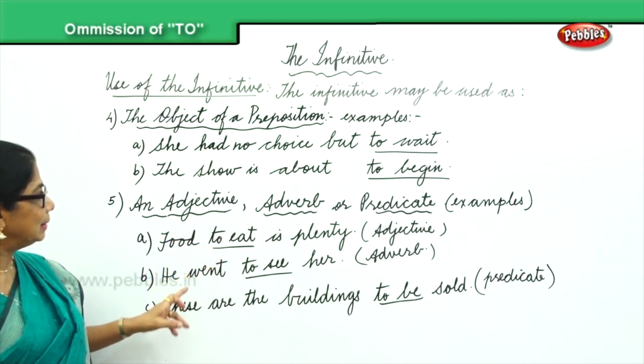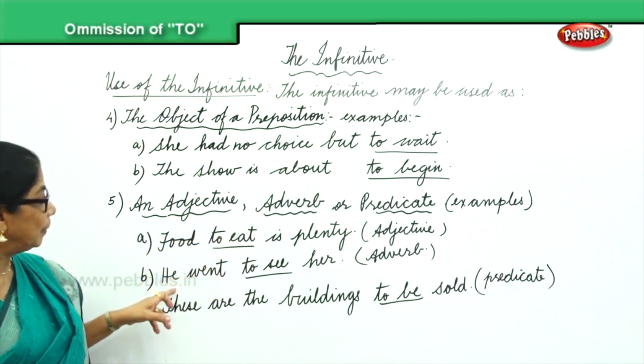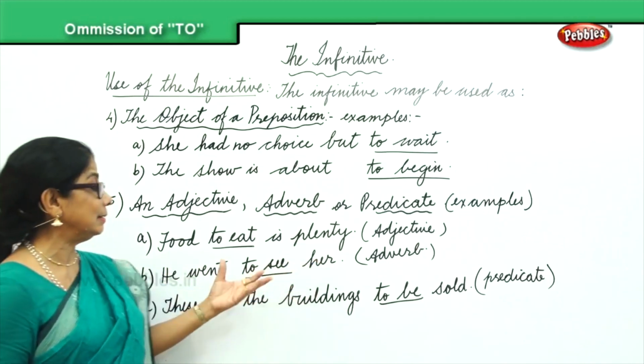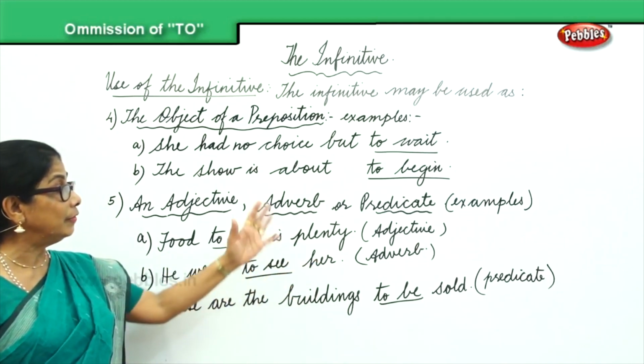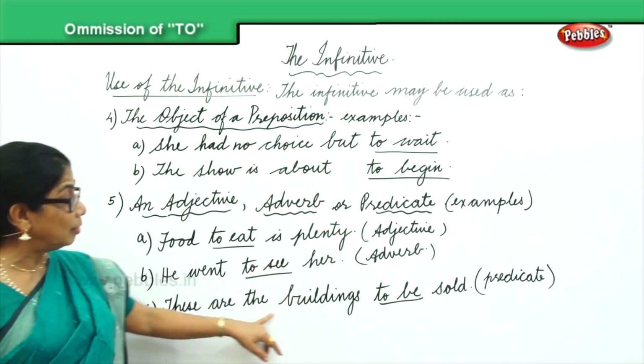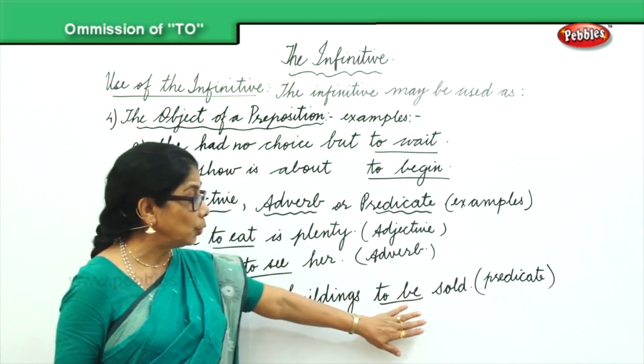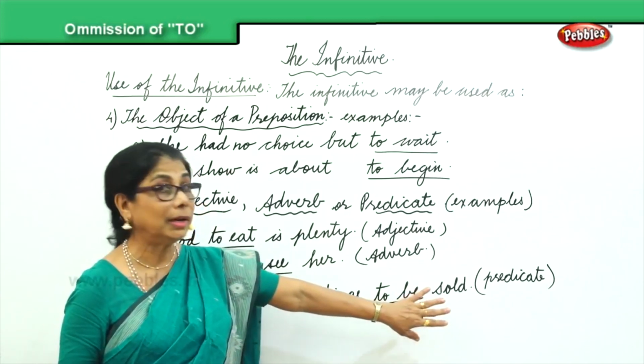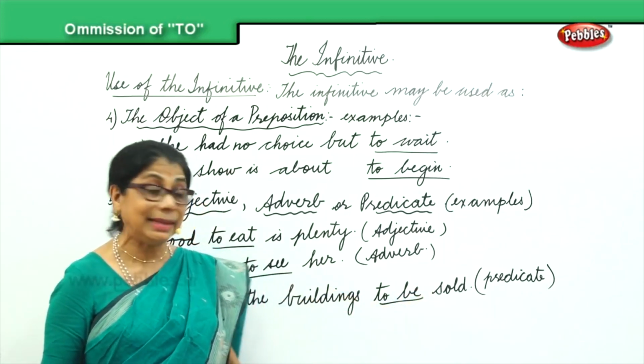In the second sentence, He went to see her, to see is used as an adverb. In the third sentence, These are the buildings to be sold, to be sold is used as a predicate.